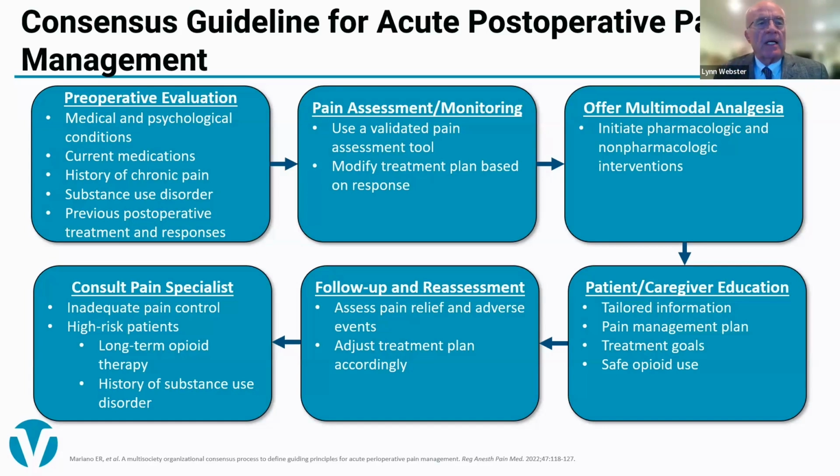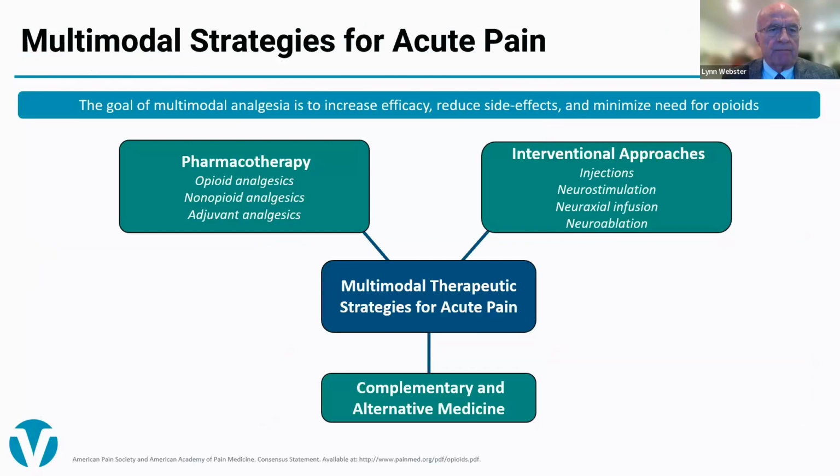Each of these categories which you can read, are important to be considered and have been proposed as a guideline for the management and treatment of people with acute postoperative pain.